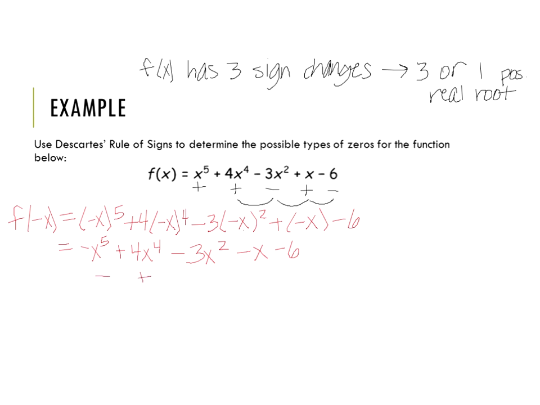So if I look at my signs, I've got a negative, a positive, a negative, negative, negative. So I have 1, 2 sign changes in f of negative x.